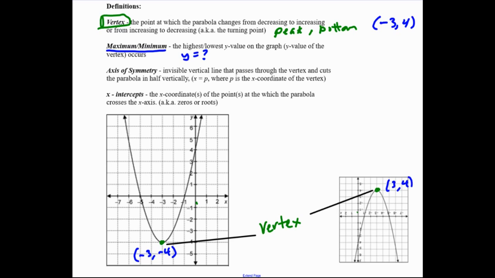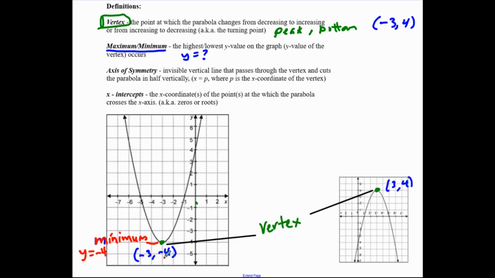We're really only focusing on this main graph over here. The max is where it peaks and the min is where it bottoms out. So here we have a minimum of y equals -4.